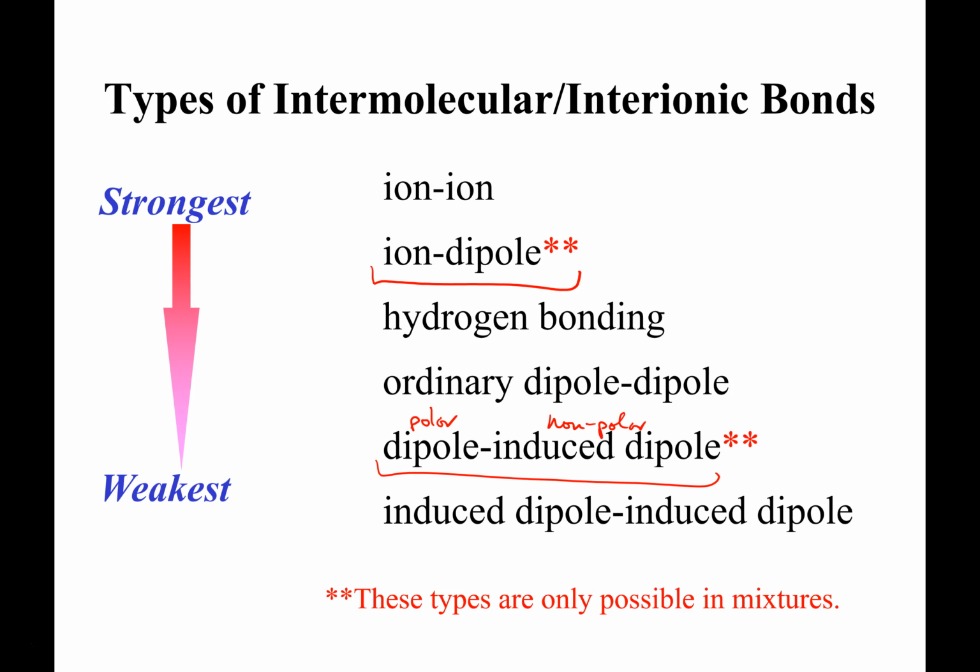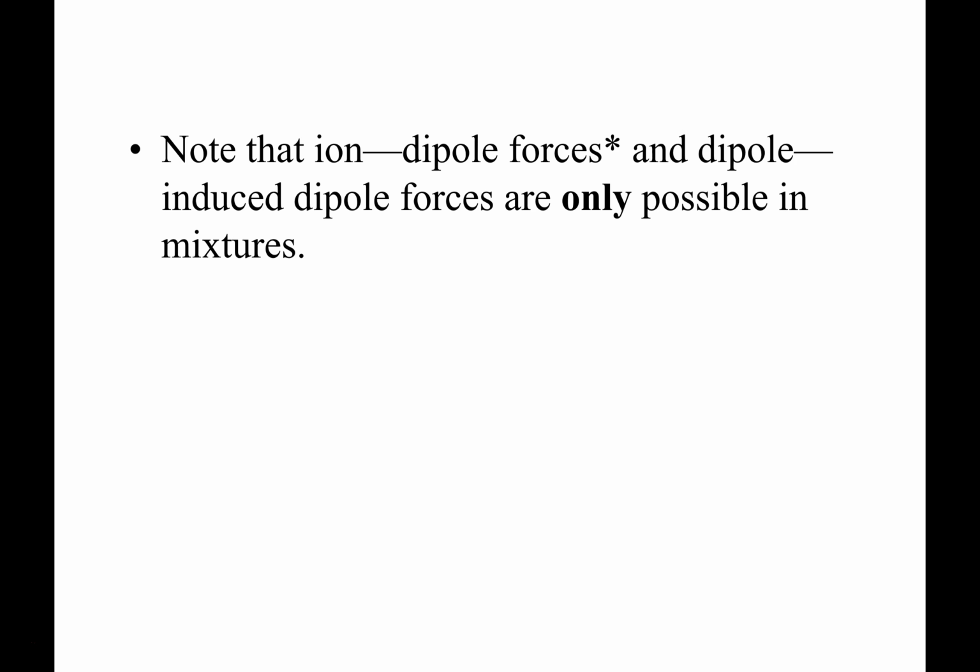Now, not to say that hydrogen bonding and ion-ion and induced dipole cannot exist in a mixture, because they totally can. But for instance, if you have two nonpolar substances, like if your solute is nonpolar and your solvent is nonpolar, when they go to bond in a mixture, then you have induced dipole going on.